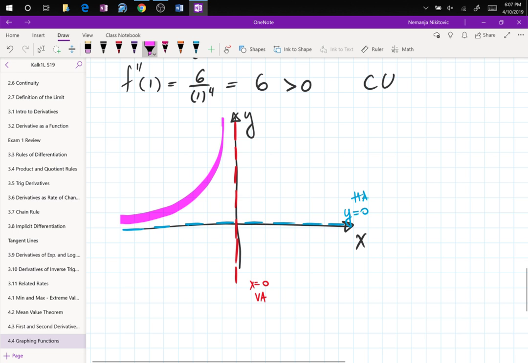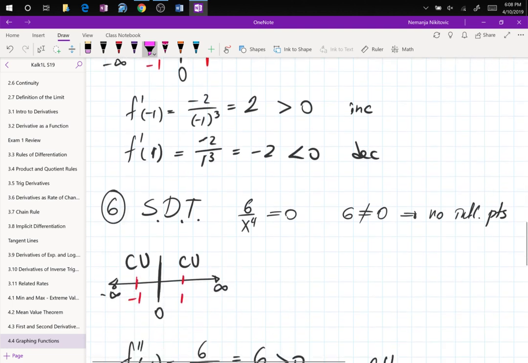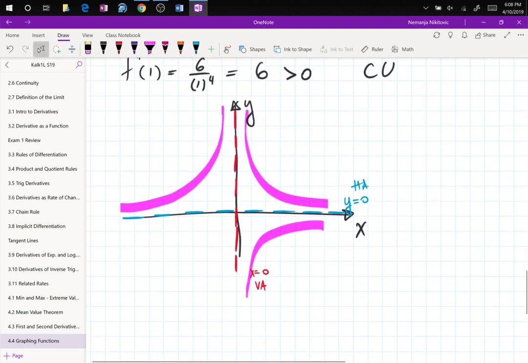The same thing happens on the other side. I get to draw this or that. We go back to our tests, and the test is asking for decreasing and concave up. Which one is decreasing and concave up? First quadrant, the top, right? Decreasing, right?